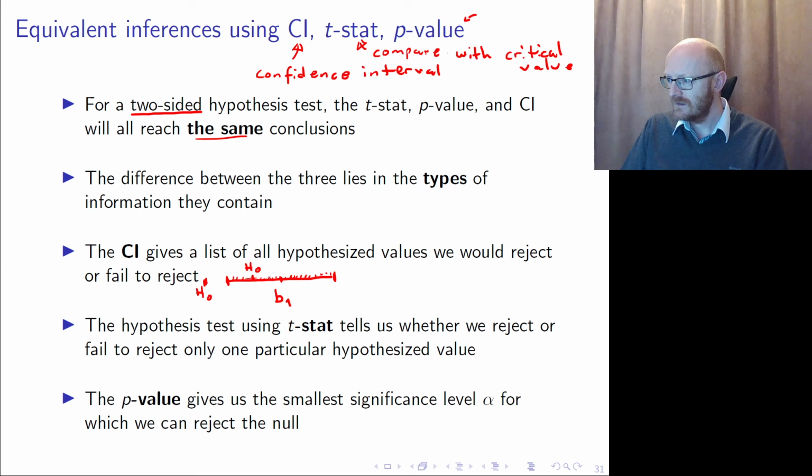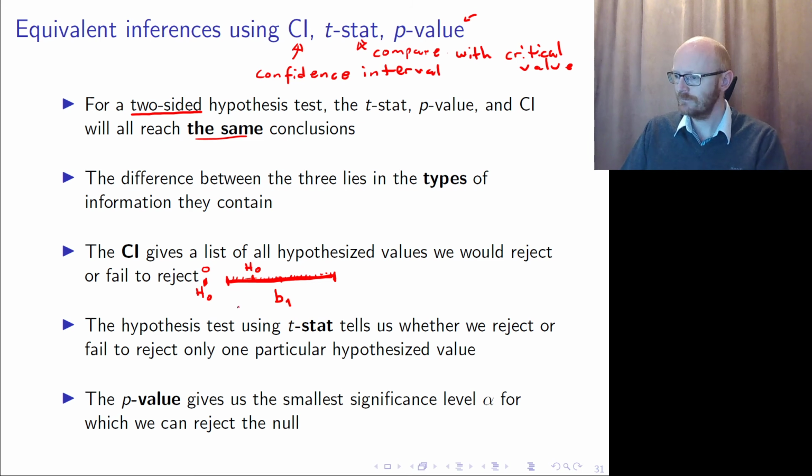So all these H0 values here in the confidence interval, you would fail to reject. All the null hypothesis values outside, for example 0, if zero was here, then you would reject it. Okay, then you would say the true value of beta 1, the true parameter, is different from 0.